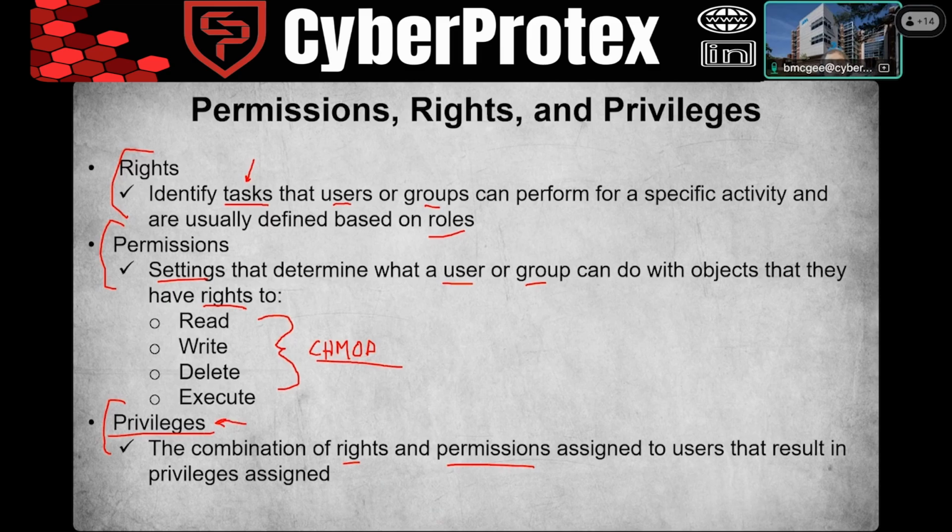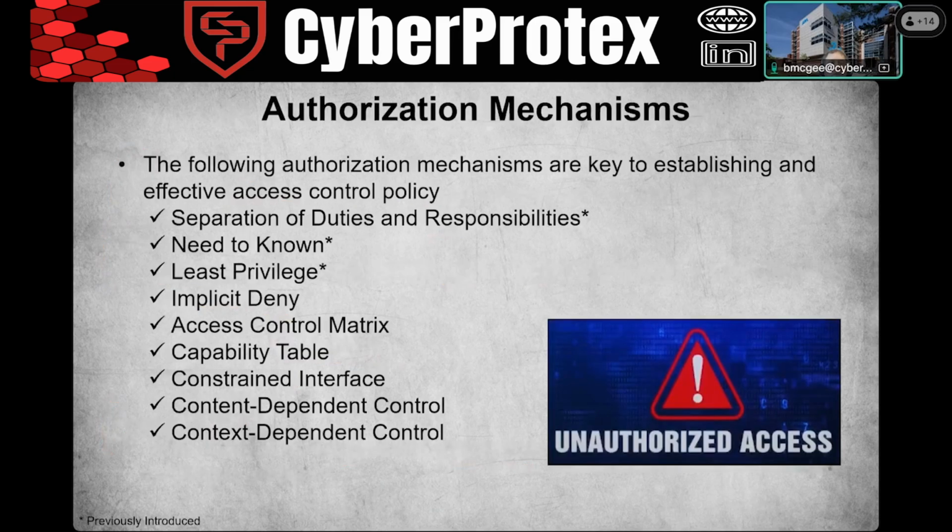Because of that, you can get a little bit more granular with rights and specific permissions, but for purposes of your test, these are the distinctions between these three topics. Usually what we see is some questions about some of these next slides, and I'll tell you when here in a second. So what we want to do is identify the ways that we can authorize people.